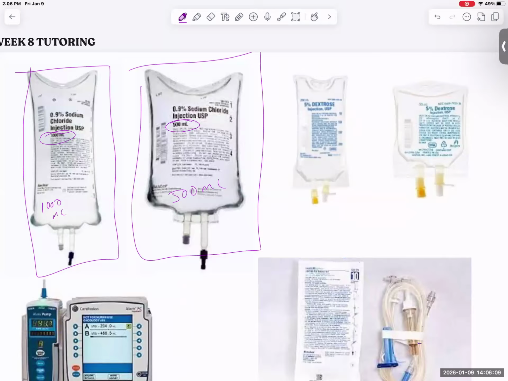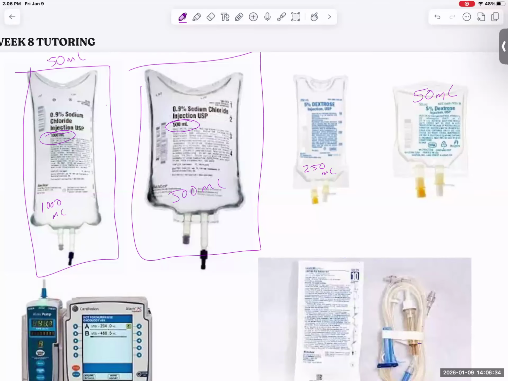This one has 250 milliliters in it, and this one has 50 milliliters in it. And these are just examples of different IV bags that you'll use throughout your practice as a nurse. The larger bags are the ones that patients usually receive, like 50 milliliters every hour, or a certain volume every hour, or even maybe 300 milliliters an hour, depending on what's going on with the patient.